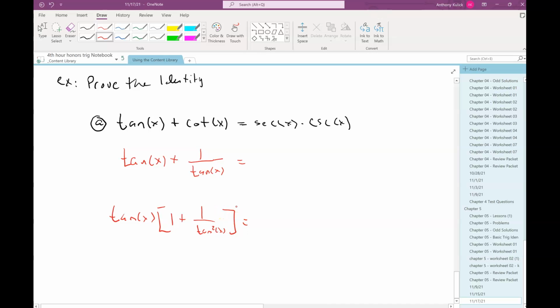But that's okay if you wanted to do that. Is everybody okay with that as a step? I don't think that's a super obvious one, but you can do that. It's not wrong. And I can still see the way through to the answer. So it's not like it's getting us further away by doing this.